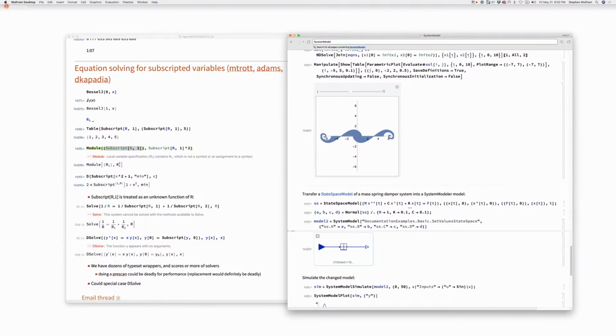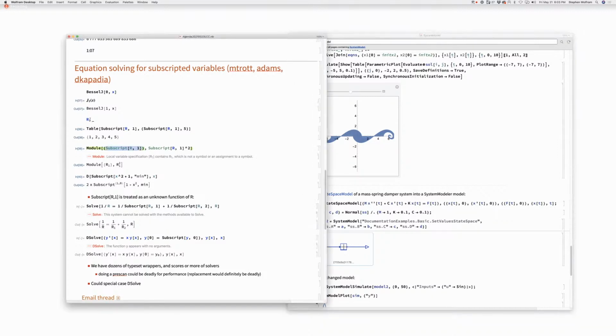Let's imagine there was a symbol representation of all subscripted objects, used if you wanted to make R sub 1, and that the preprocessor for equations turned all these things into the symbol-like representation, did the equation solving, and then turned them back.